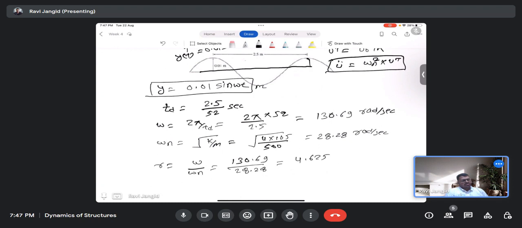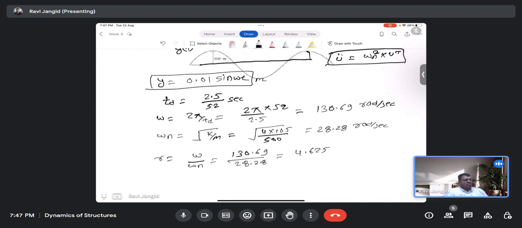Now we need to calculate the damping ratio. That will be C over C critical. C is given as 3000. C critical is 2 times the square root of K into M. So that will be 3000 by 2 into the square root of K, which is 4 into 10 raised to power 5, times M, which is 500.